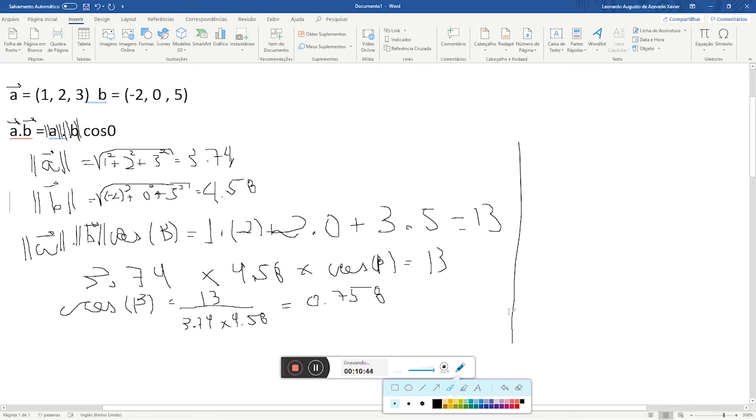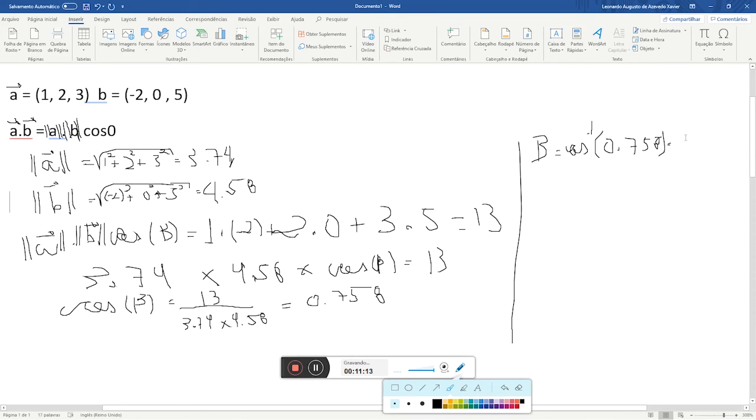Now here, beta is equal to cosine to the power of -1 of 0.758.